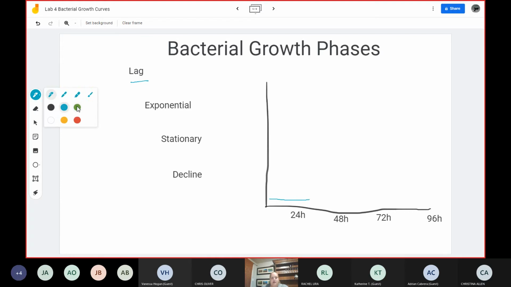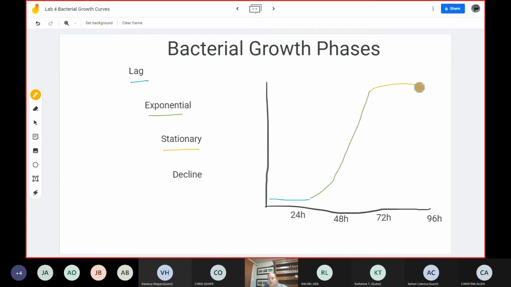Then you have the exponential phase, which will look something like this. The bacteria have to get used to the nutrients they're in. Once they're used to the nutrients and the location they're growing, they're going to start doing that binary division, and they're going to start growing exponentially.